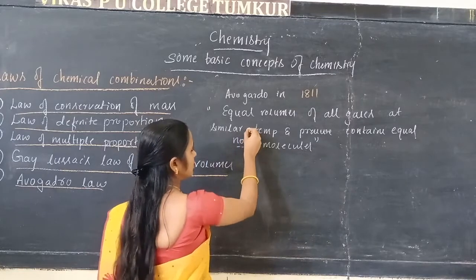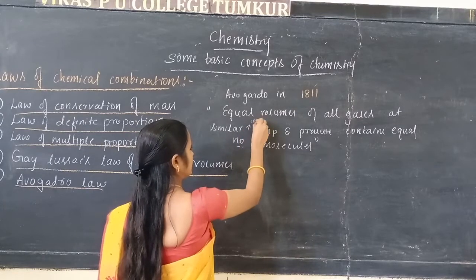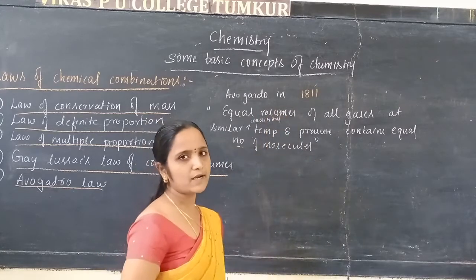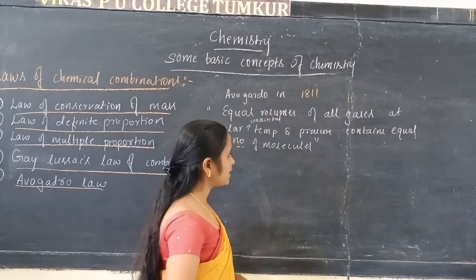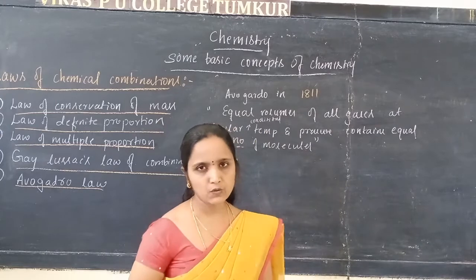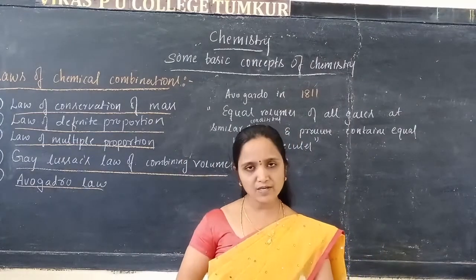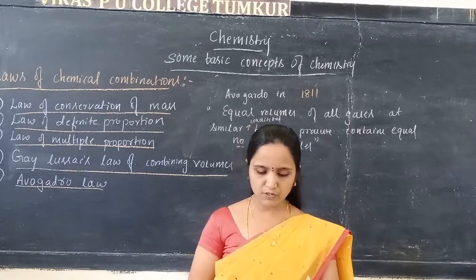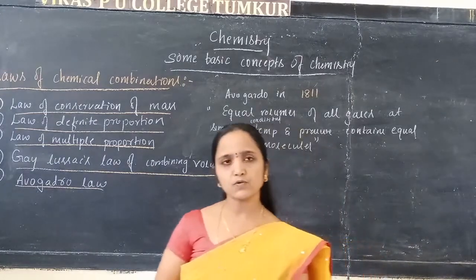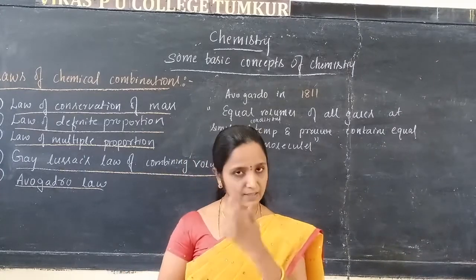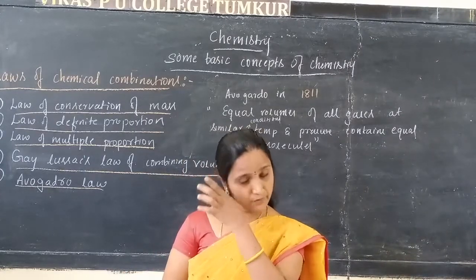Equal volumes of all gases at similar conditions of temperature and pressure contain an equal number of molecules. How much is that equal number? That is Avogadro's constant, 6.022 × 10^23 molecules.